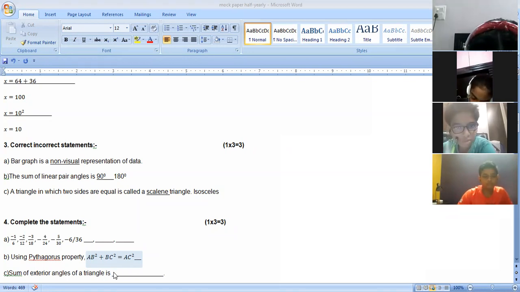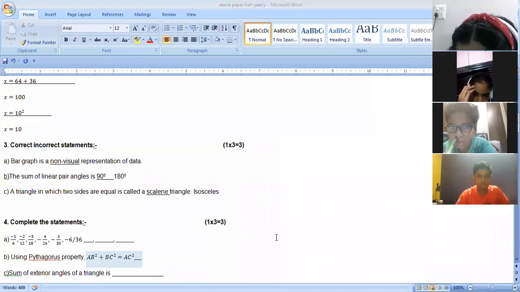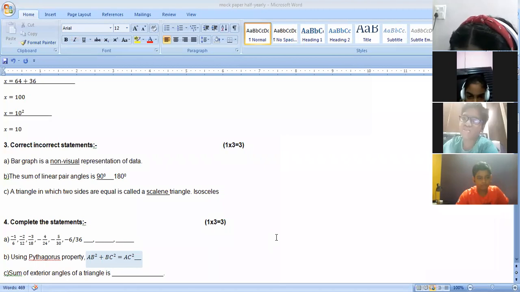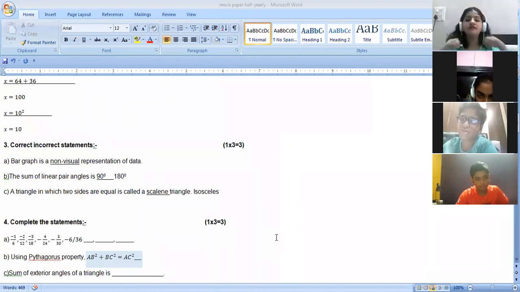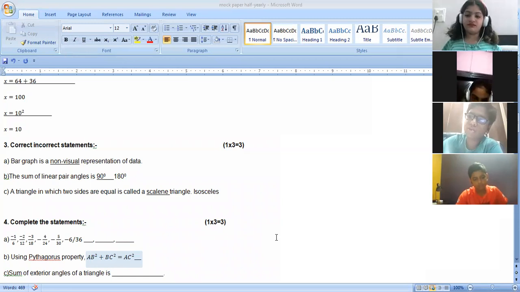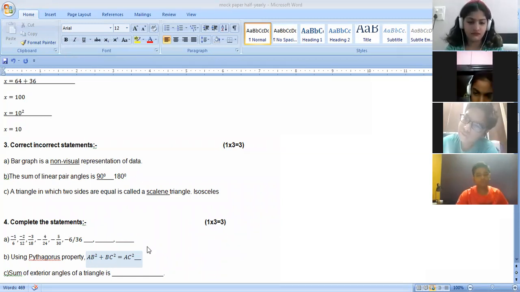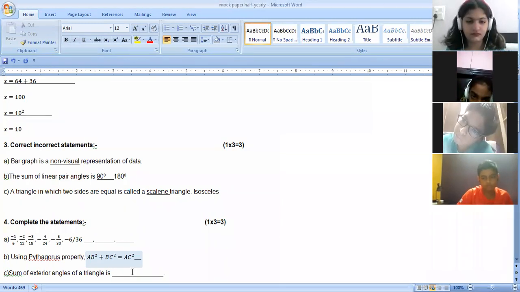Sum of exterior angles of a triangle is how much? 180 degrees, Vedika. Exterior angle. Yes, Mukul, you are right. 90, Sejal? No, it's wrong. Yes, Vansh Sharma, you are right here. It will be 360 degrees.